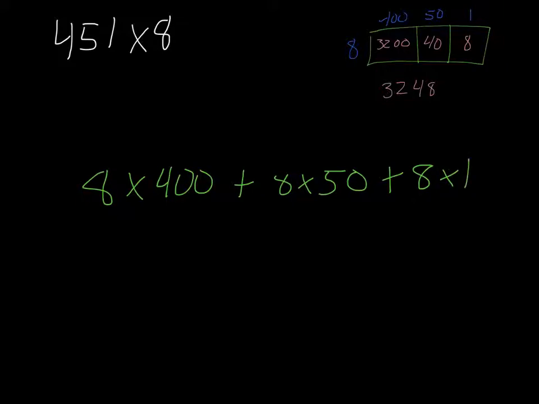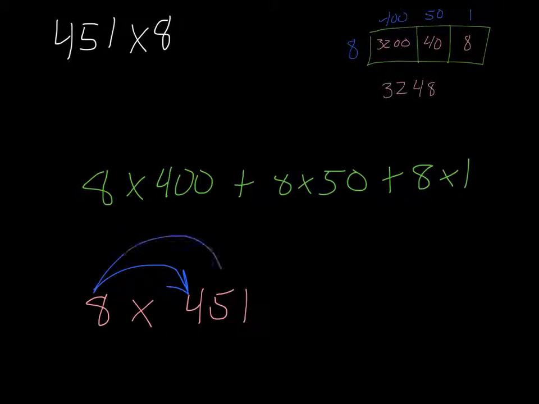What I'm really doing is I'm taking that 8 here and I'm distributing it to each piece. Another way to write that is if I do the 8 first, 8 times 451. I am then distributing it: 8 times 400, 8 times 50, 8 times 1. Okay, piece by piece. It's the same way, but this is considered the distributive property.